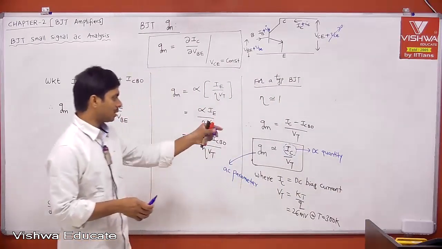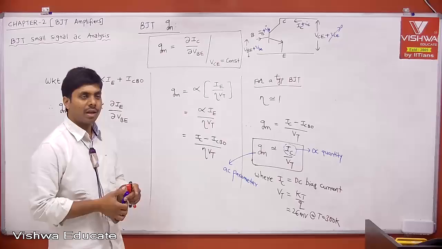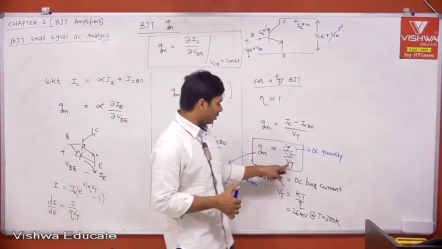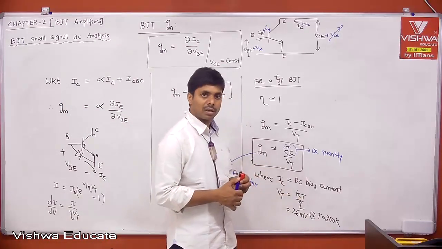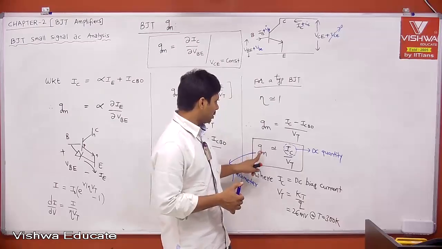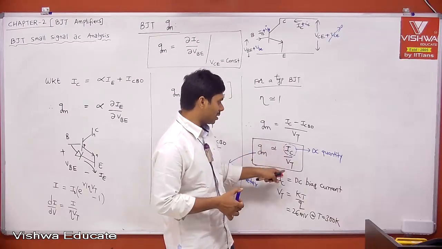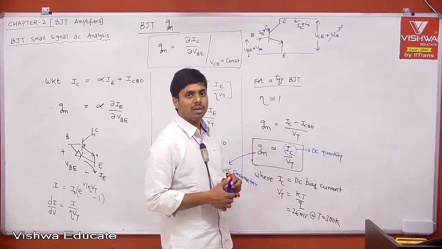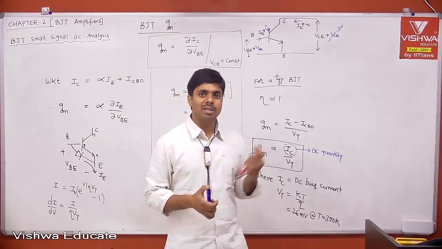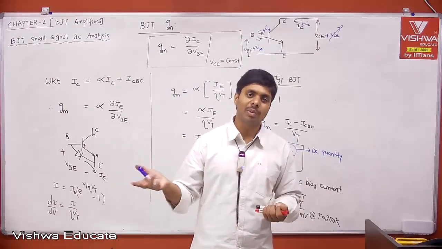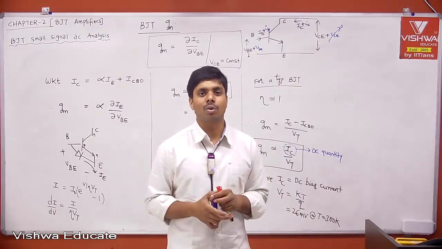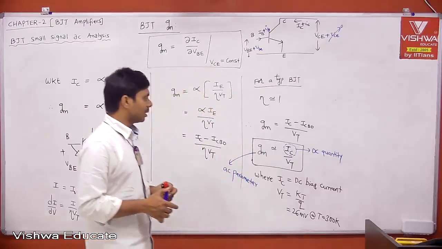And it is depending on Vt, which is nothing but depending on temperature. Therefore, indirectly your GM is also depending on temperature, right? Similarly, H parameters, GM is nothing but HFE by HIE, they are also depending on temperature. Therefore, both are correlated. Take it, right?